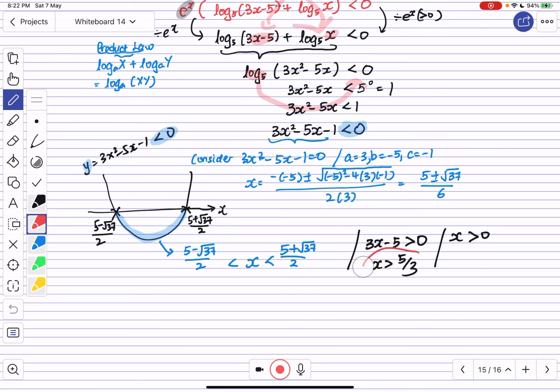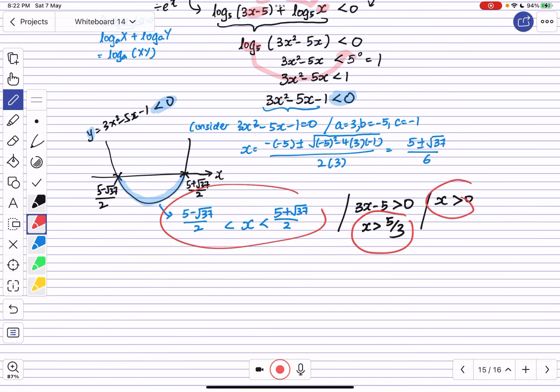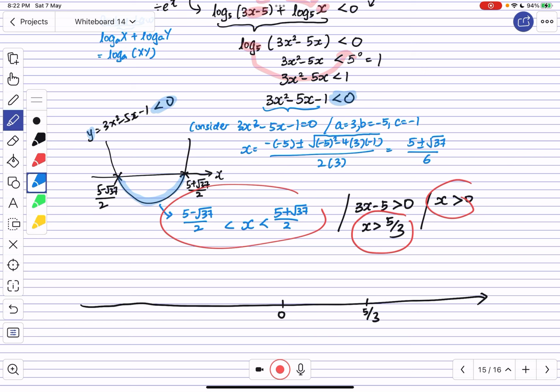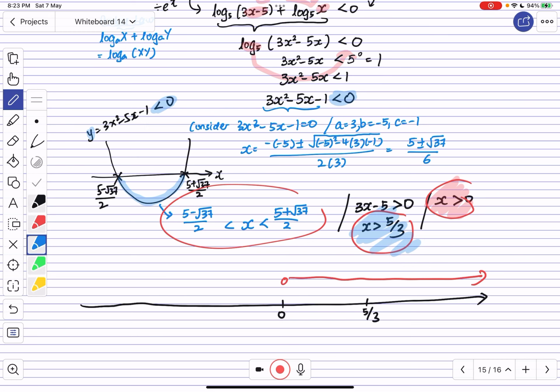Now, taking the intersection of all three answers, just put them on a number line. Just draw out the number line. 0 is here, 5 over 3 probably somewhere here. I have the first one in red, x more than 0. Blue, x more than 5 over 3.